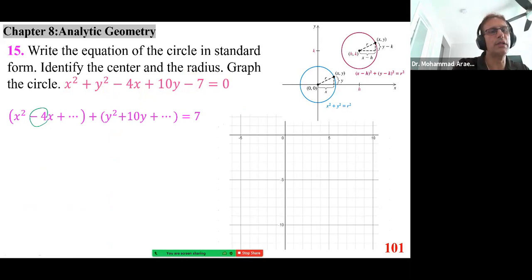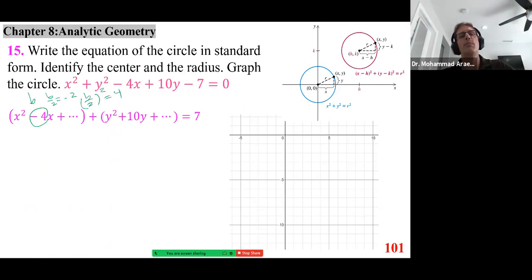In this case, b is -4, divided by 2 is -2. Squared is +4, which means we need to add 4 to both sides. For the y terms, b is 10, divided by 2 is 5.